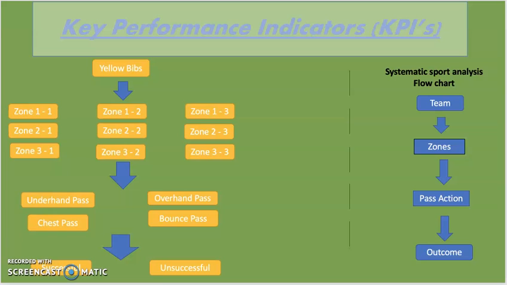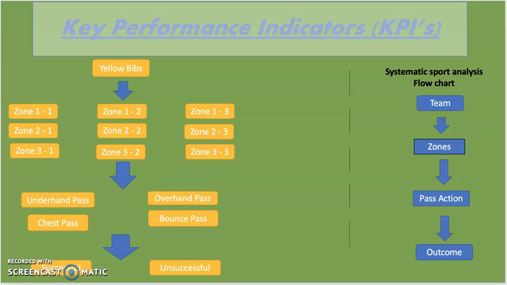Bois, Kent 2004. I've used a systematic analysis flowchart similar to Hay and Reed 1988 model, where they looked at the technique of a long jumper. So adapting that to my flowchart, I have used team on the right.